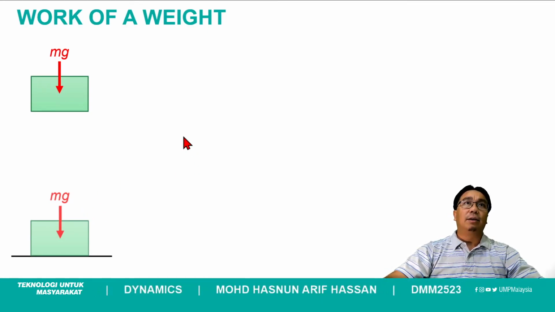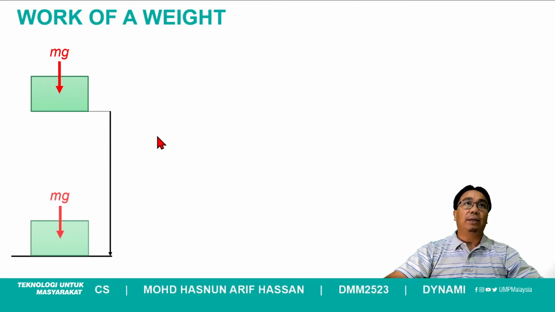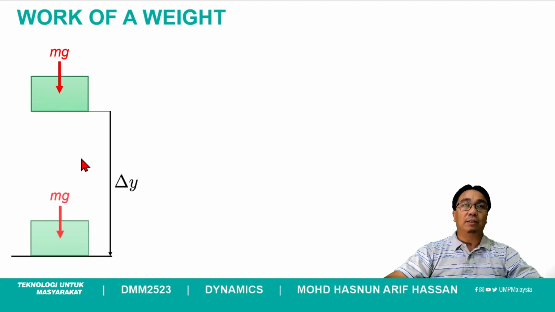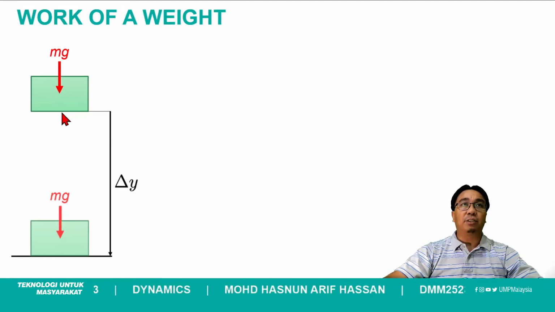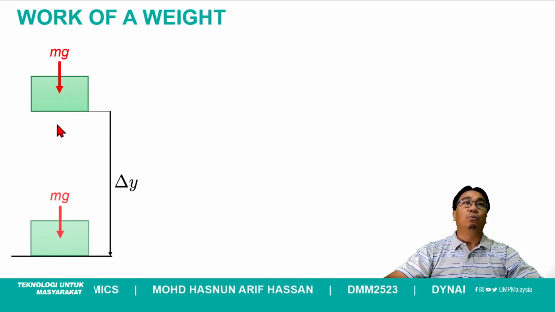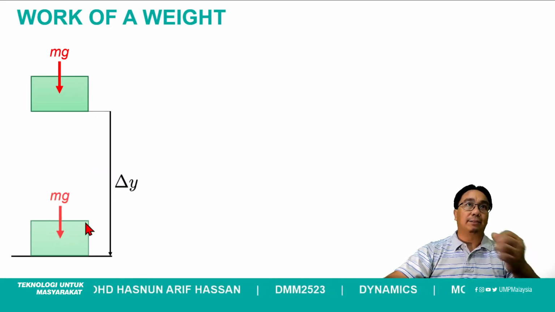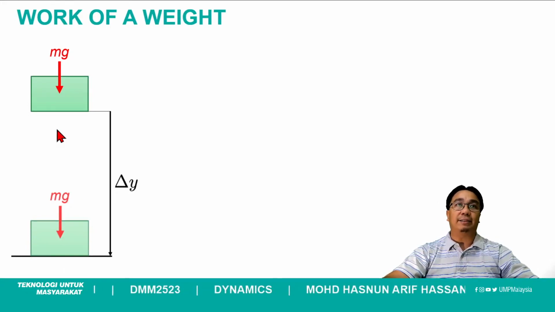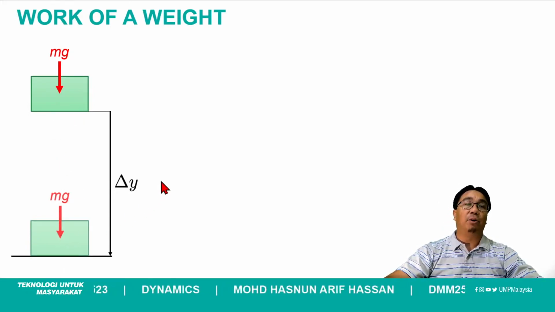So in this case, we can get the change of position of the box with respect to y-axis, ataupun kita tulis sebagai delta y, change of height. Okay, change of height of the box.